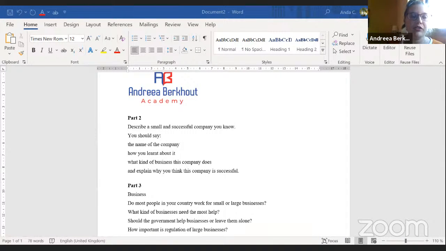Regulation is your subject, is important is your verb, and for large businesses represents extra information at the end. Unfortunately we don't have the same freedom as in Romanian to say it's important, regulation for businesses. We need to start with the subject. Regulation is important for businesses. Okay, thank you. You are very welcome.